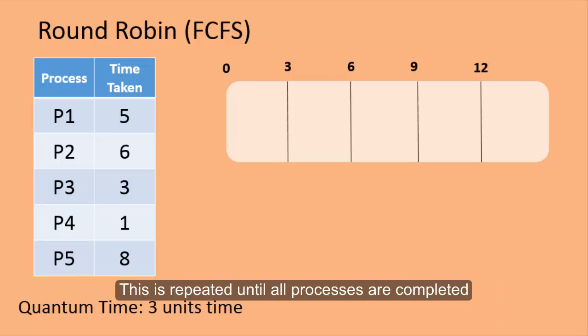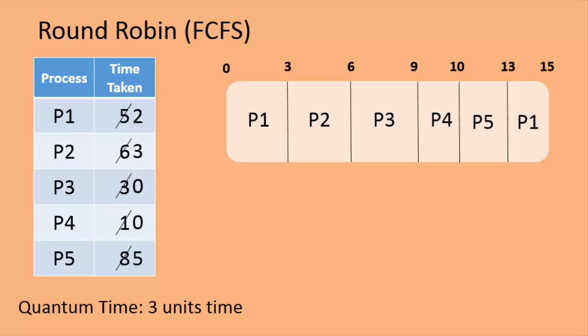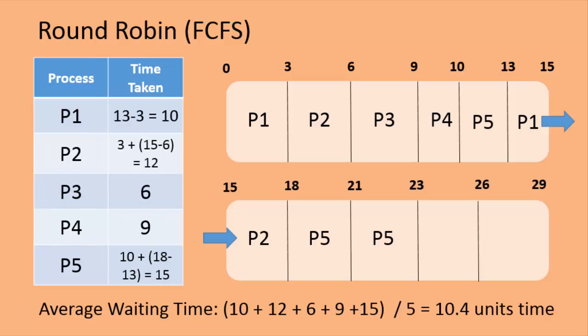This is repeated until all processes are completed. The average waiting time for each process is 10.4 units of time.